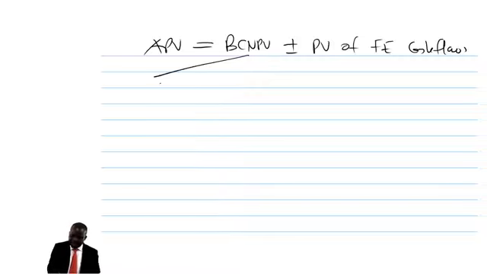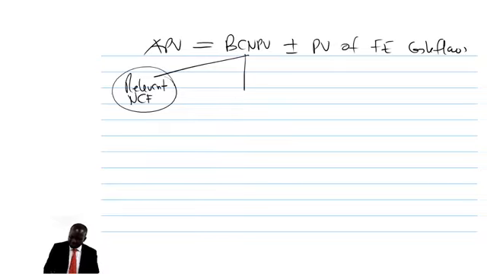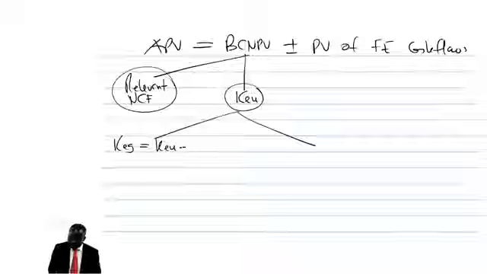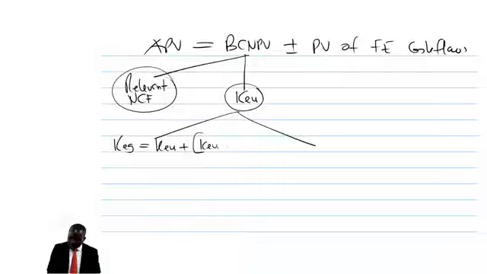Okay, and we said the base case NPV will be the relevant cash flows. I'm refreshing your mind: relevant net cash flows discounted using cost of equity ungeared. The cost of equity geared can be calculated using proposition 2, which says cost of equity geared is the cost of equity ungeared plus the cost of equity ungeared minus cost of debt, times debt (1 minus T) divided by equity.